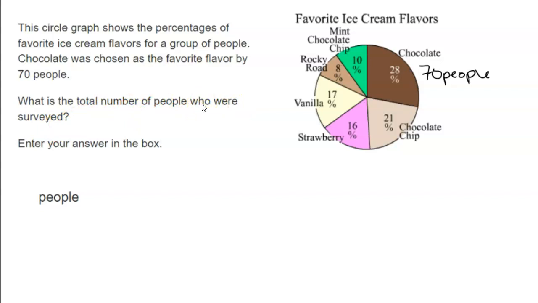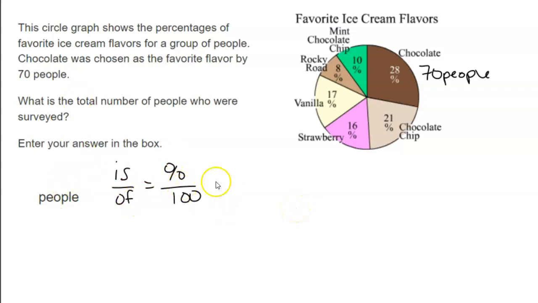We need to figure out that this is a percent proportion. We need to know that 70 is 28% of what number? So that is going back to is over of equals percent over 100.